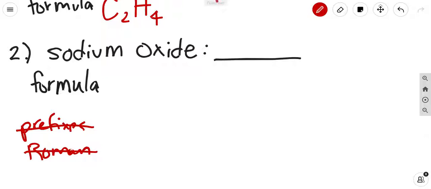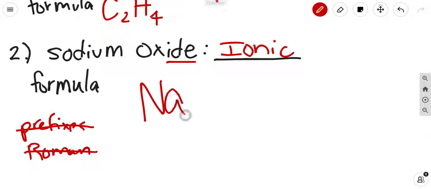So I've eliminated prefixes, so that means that this guy has to be ionic. Right? There are no prefixes, so therefore it has to be ionic. And then I take a look at the ending. I'm like, okay, sodium oxide. It doesn't end in ate. It does not end in ite. I'm looking through that poly chart, and I don't see anything that just says oxide. So therefore, I know that it must just be oxygen from the periodic table.